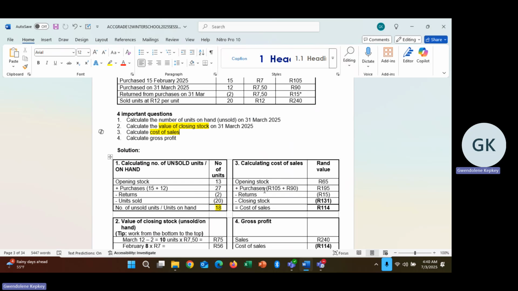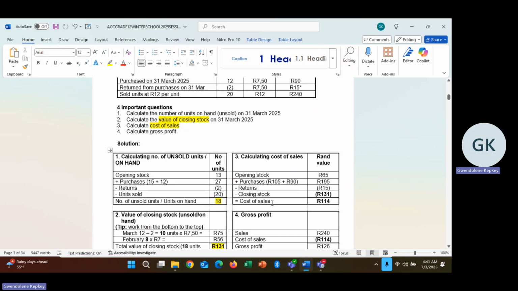In this case, they don't give us the carriage, but take cognizance of the fact that carriage forms an integral part of the cost of my goods. Then we're going to deduct the items that were returned, the rand value of that, and we're going to also minus my closing stock, which we have just calculated. We can also call that my end stock.